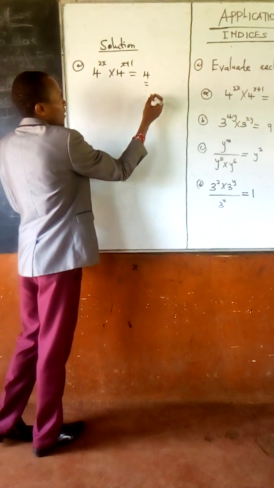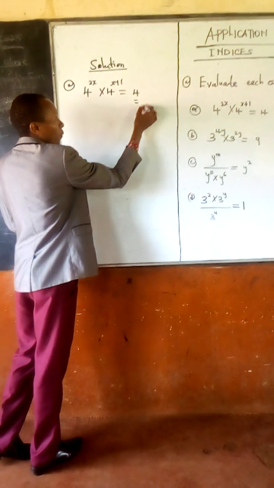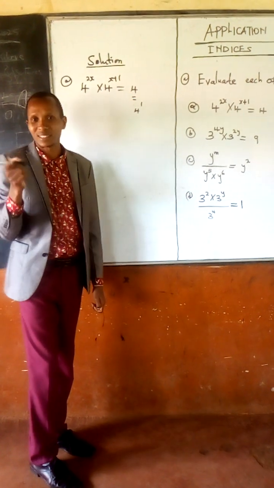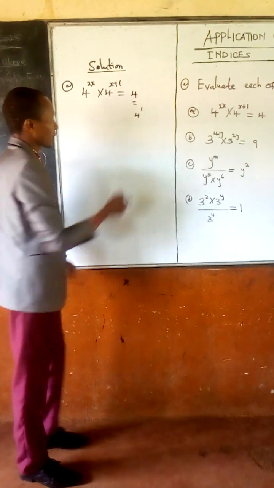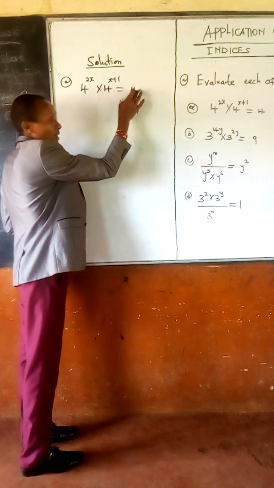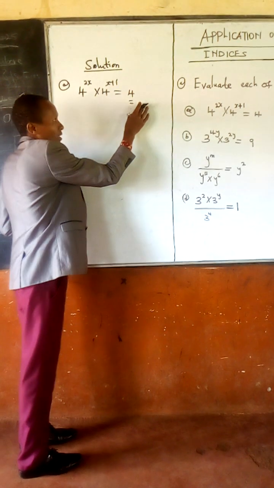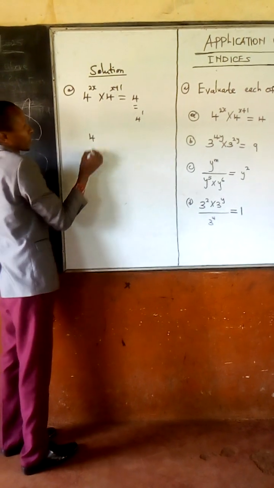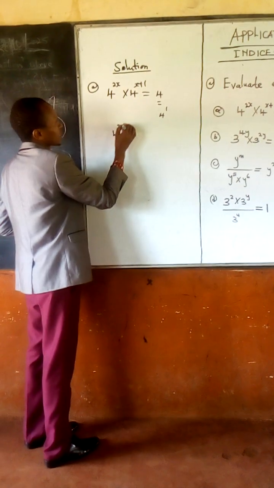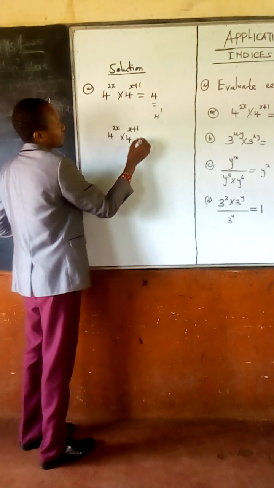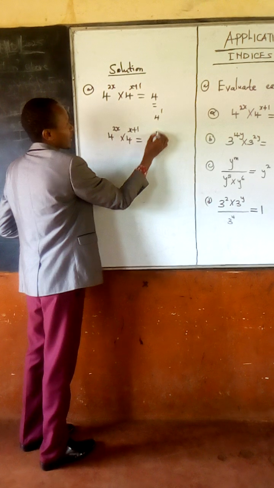This is the same as 4 raised to 1. We know that a number raised to 1 is the same as that number. So we express 4 here as 4 raised to 1. So we say 4 raised to 2x, that means 4 raised to x plus 1, is equal to 4 raised to 1.